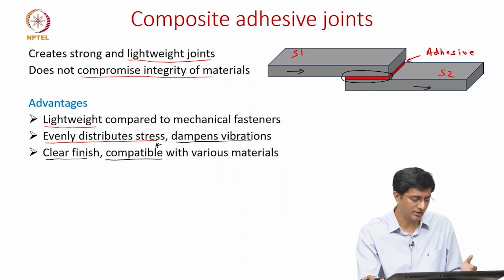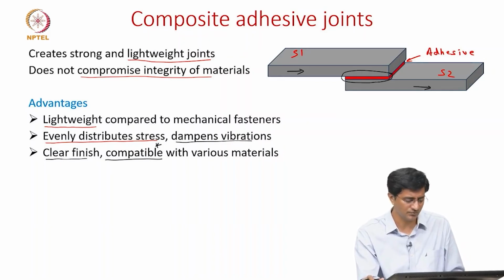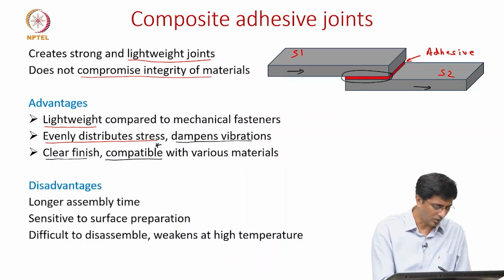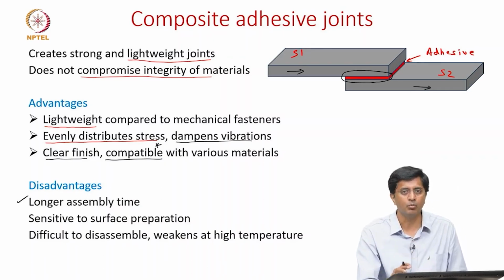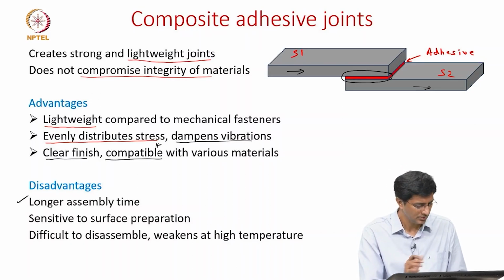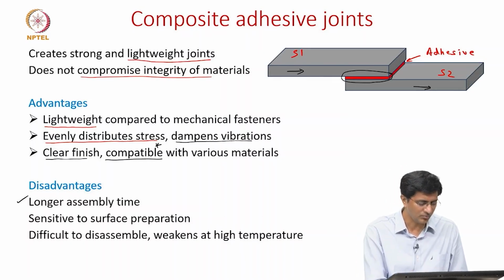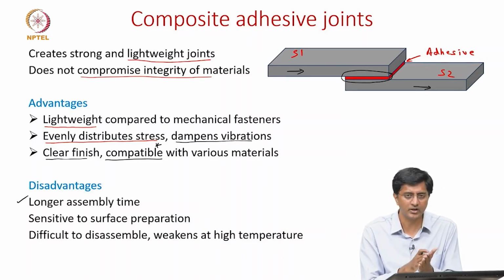But it does have a few disadvantages which include longer assembly time, because this is most often done manually, but of course now there are many automated procedures even for adhesive joints. So it does take more assembly time, not just because of the application of the adhesive, but it also takes time for curing.